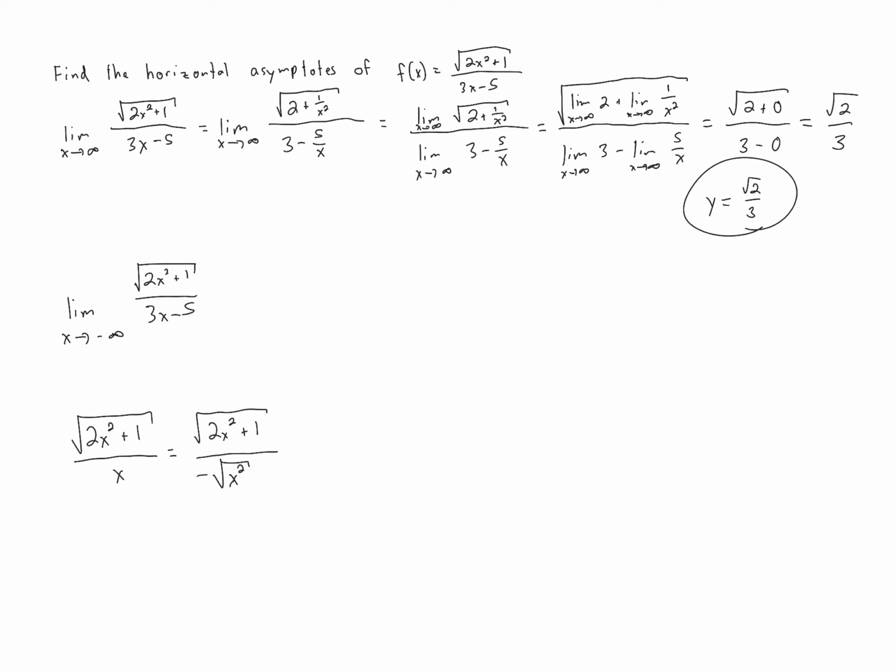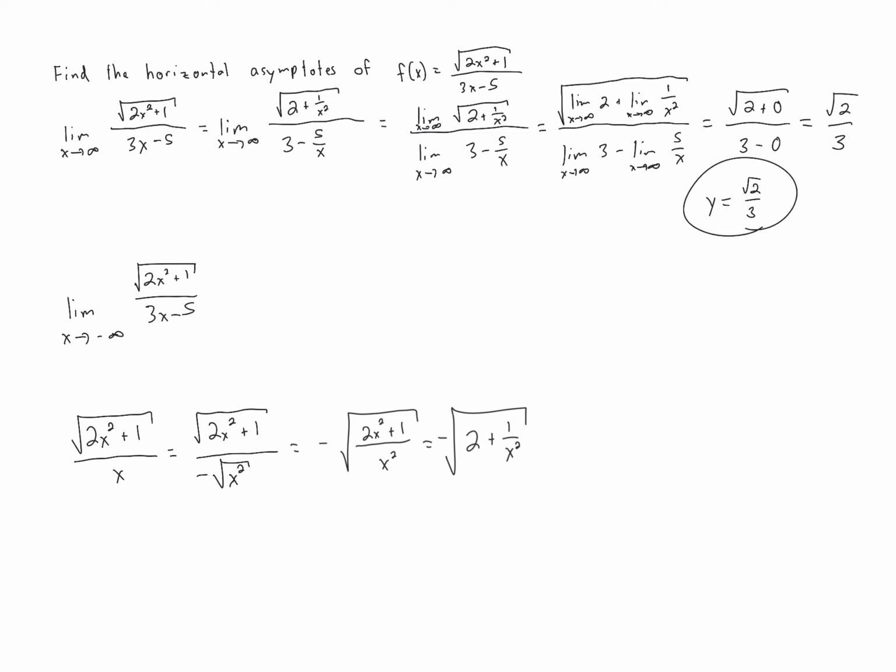And then we can put the negative out front and combine both of these under the radical, 2x squared plus 1 over x squared. And then when we go ahead and do the division, 2x squared divided by x squared is 2, and then plus 1 over x squared is 1 over x squared. And we end up with exactly what we had before, except a negative sign out front.